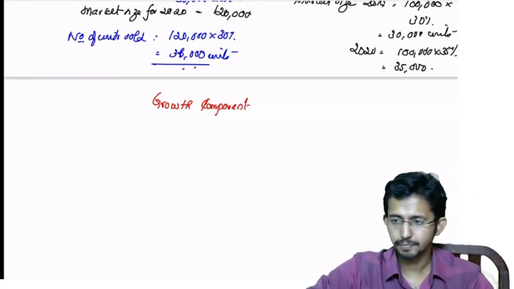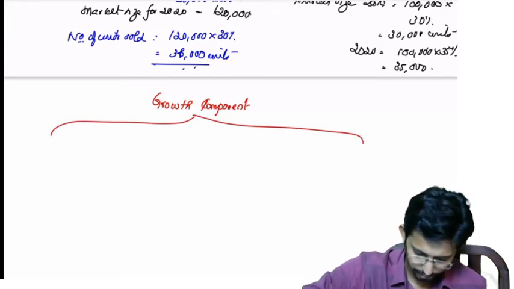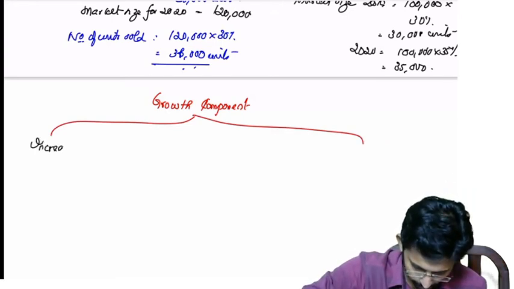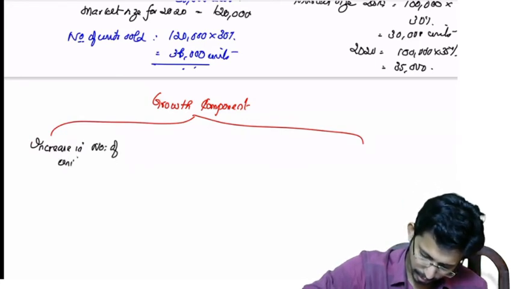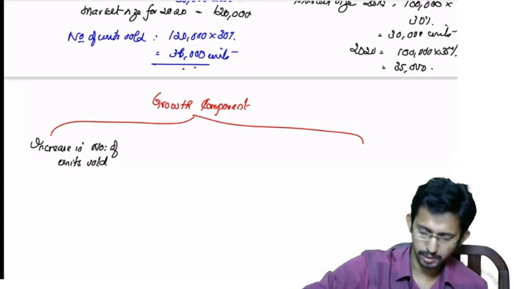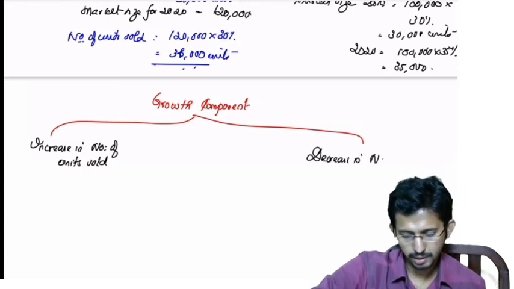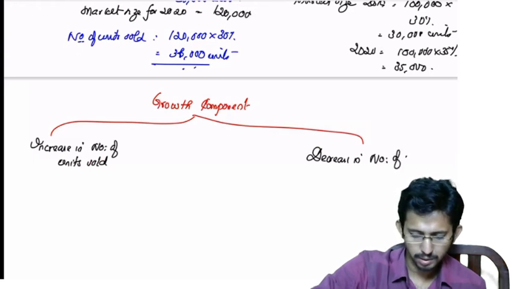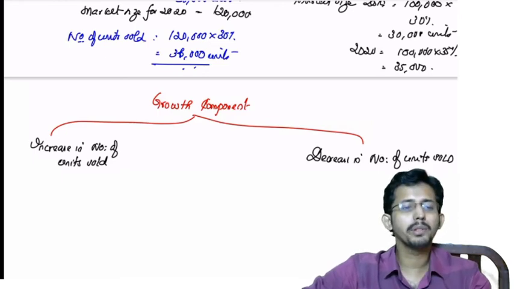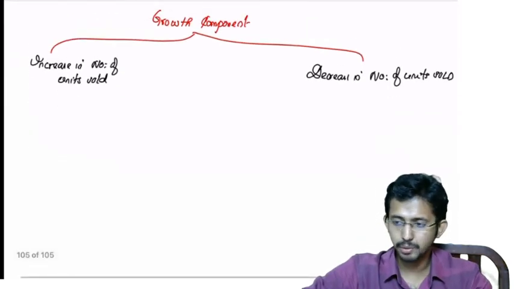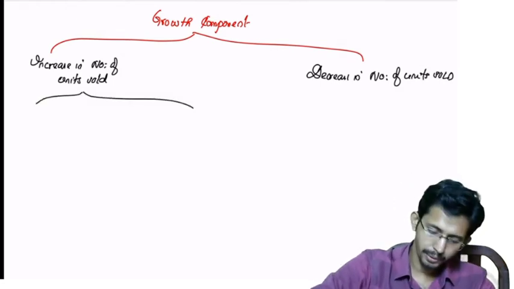Growth component could be due to two reasons: increase in number of units sold, or decrease in number of units sold. For an increase in number of units sold, there could be two effects.